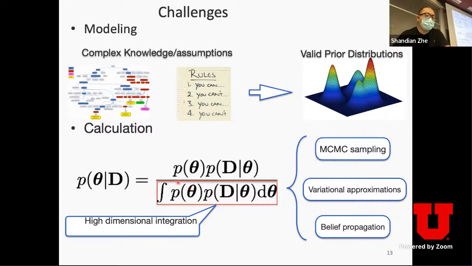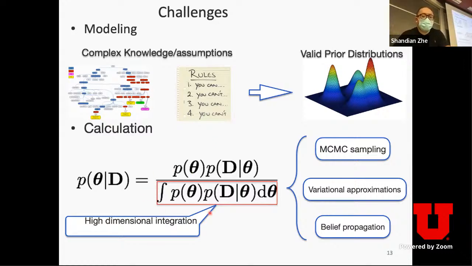The marginal distribution is computed by integration of the prior times the likelihood. This is very simple, very intuitive, but in practice, this thing is nearly always infeasible to compute.